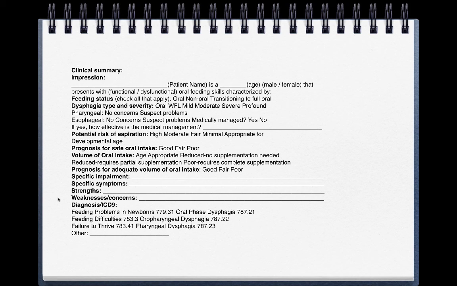You will be asked to provide, from a list that's given at your facility, the ICD-9 or now ICD-10 codes that correspond to the problem that you have seen. So if you are diagnosing, for example, that there is oral dysphagia, you're going to be asked to put it on the line and circle the diagnostic category that captures what is happening with this infant while feeding.